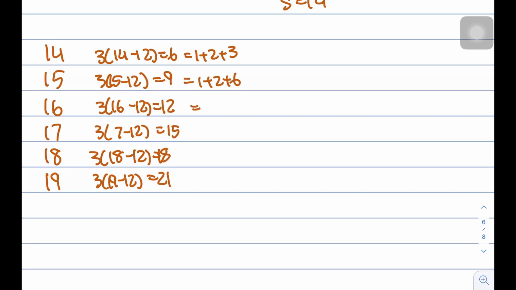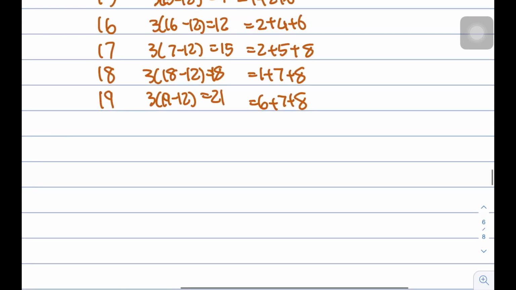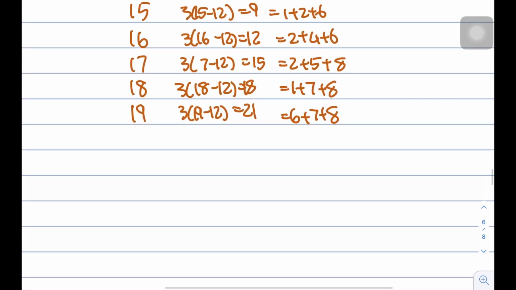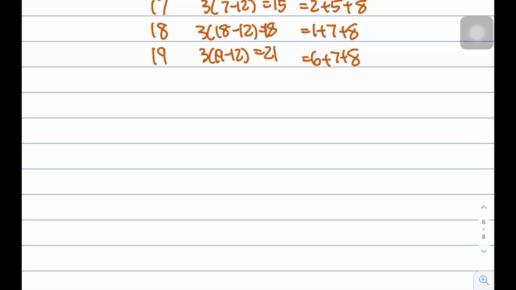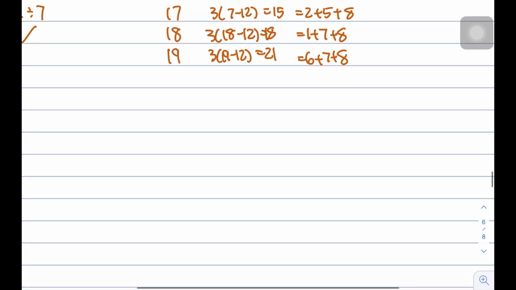For 15, you can do 1 plus 2 plus 6. For this one, you can do 2 plus 4 plus 6. This one is 2 plus 5 plus 8. This one is 1 plus 7 plus 8. And the last one is 6 plus 7 plus 8. And basically, I got these numbers from fiddling around. And I'm just going to quickly draw all the diagrams for you to see.